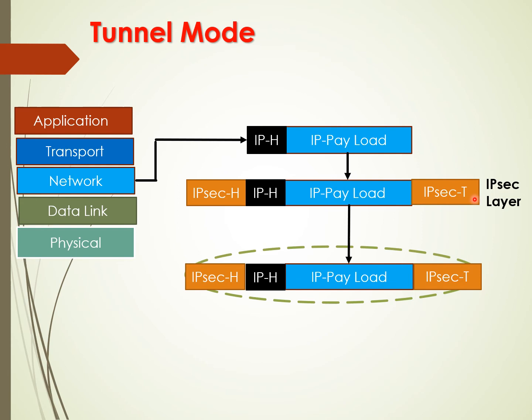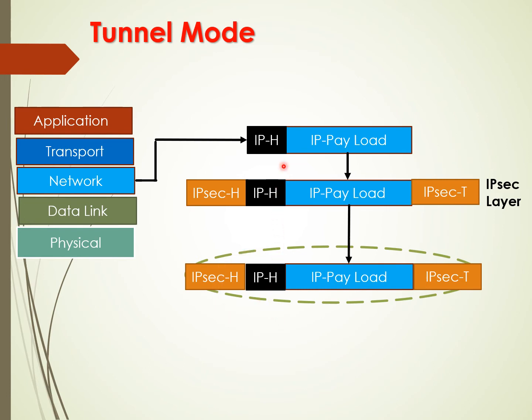Now this whole structure is encapsulated or encrypted, so this content is now protected because the encryption is over. See that the original IP header is protected, whereas the original IP header is not protected in the transport mode.